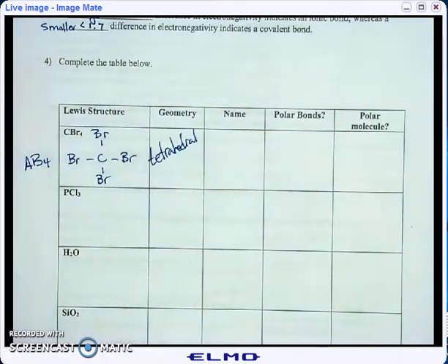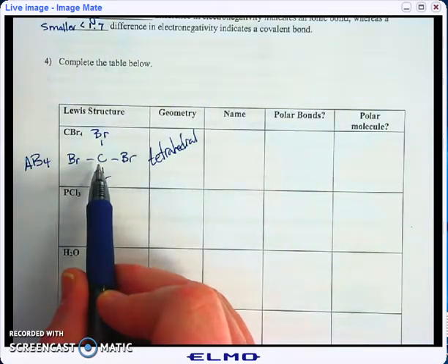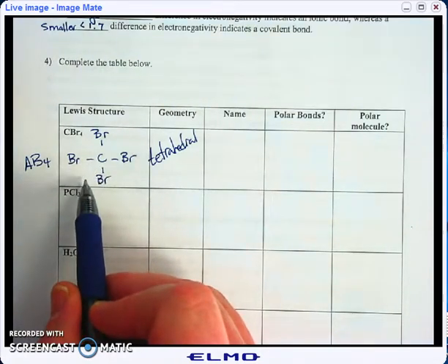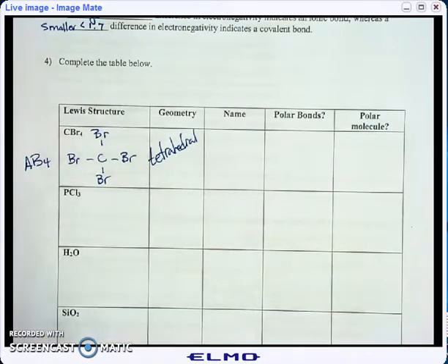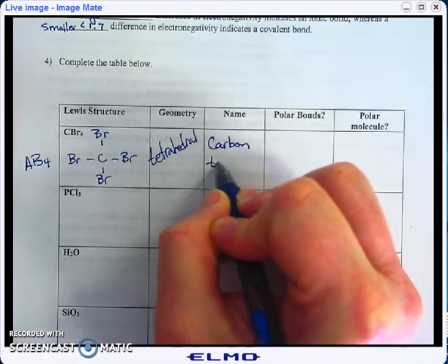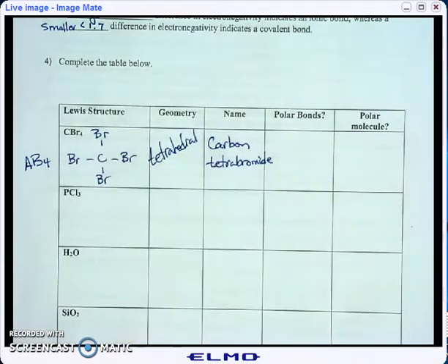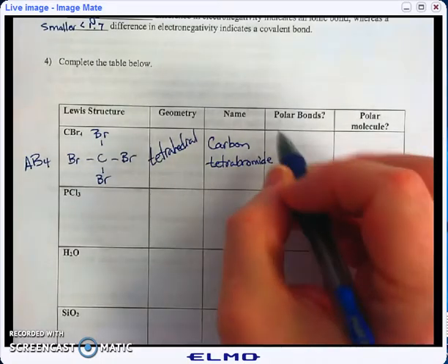And the good thing about matching is you just have to be able to recognize it, right? Dante, do you know the name of CBr4? Anybody want to give me the name? Carbon tetrabromide. Now, in the review, there isn't a whole lot of questions on names and formulas. There's not a whole lot of questions on the test either. But you need to be able to name that. Polar or non-polar? Next person.